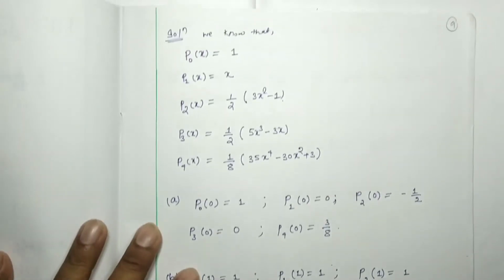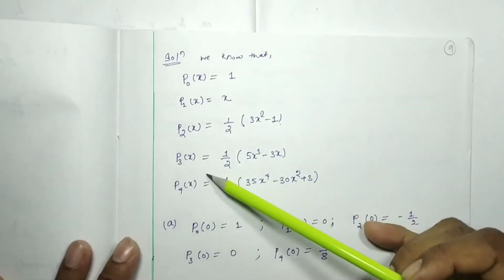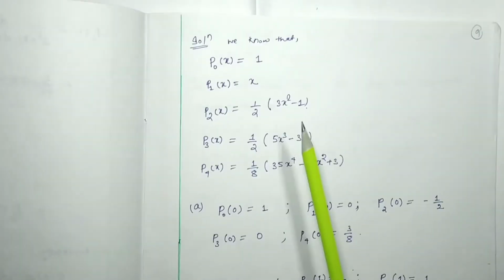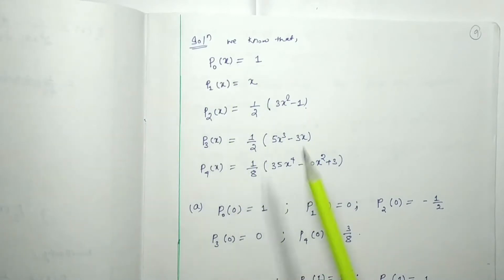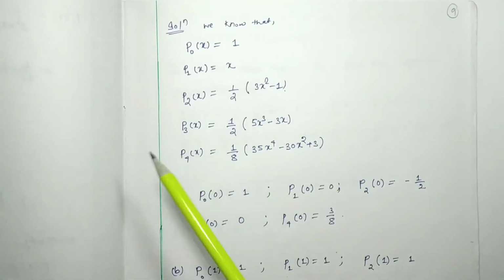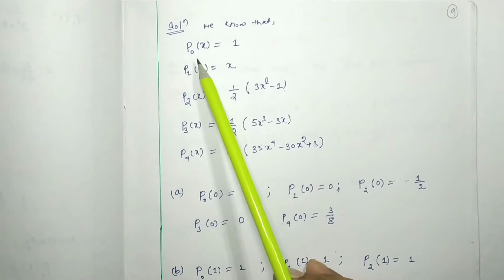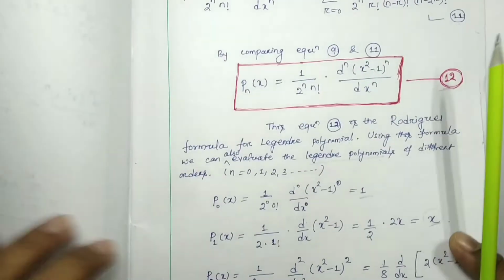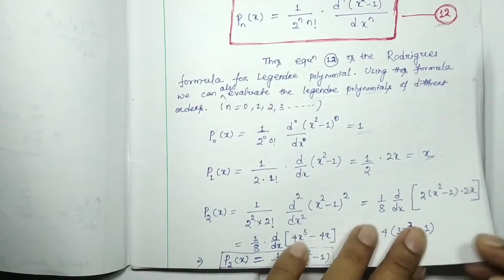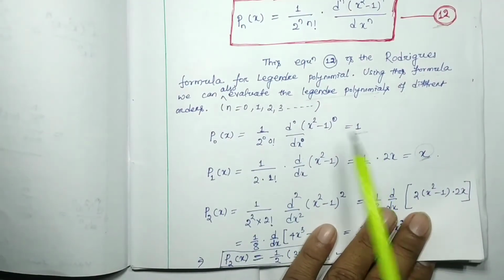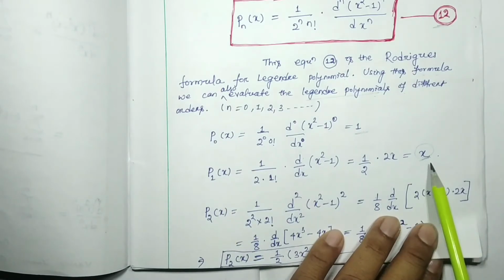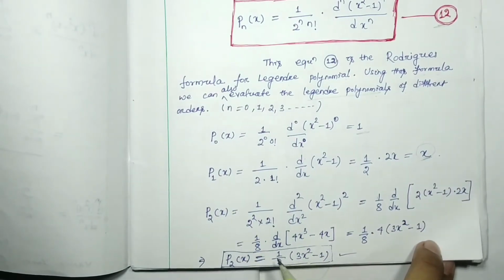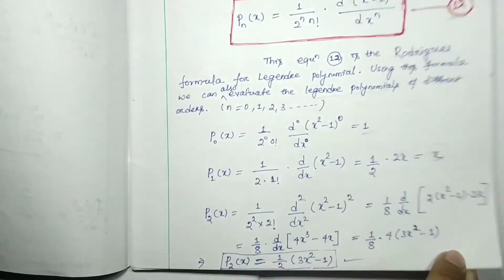First we have to write the polynomials. We know P0(x), you just follow the last page of your notes, you can find P0(x). By the general method and by using the Rodrigues formula, we found P0(x) equal to 1, P1(x) equal to x, P2(x) equal to 1 by 2 (3x square minus 1).